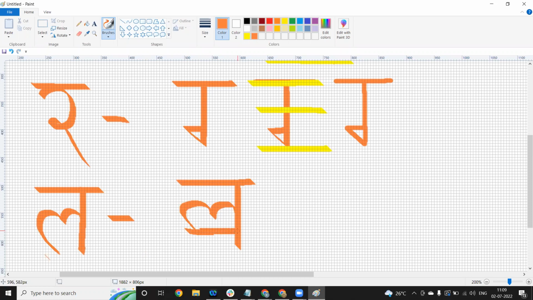I'm just drawing an imaginary line here, so this is where you need to stop. That is the only difference here. The second loop has to be a little shorter. You can curl it a little inside, but do not extend this. This is exactly in the center, like this.